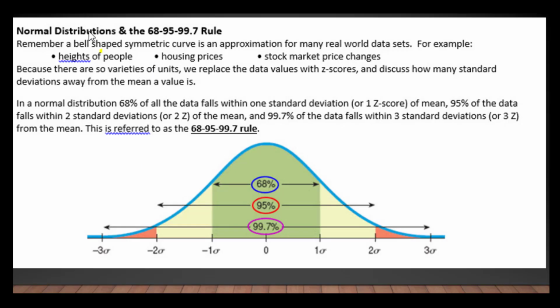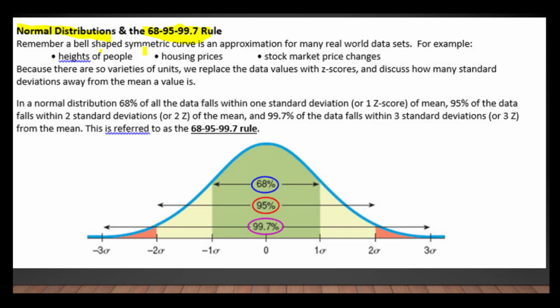When you have a data set that is normal, you can derive probabilities from the data. And we're going to look at the probabilities associated with the rule called the 68, 95, 99.7 rule.